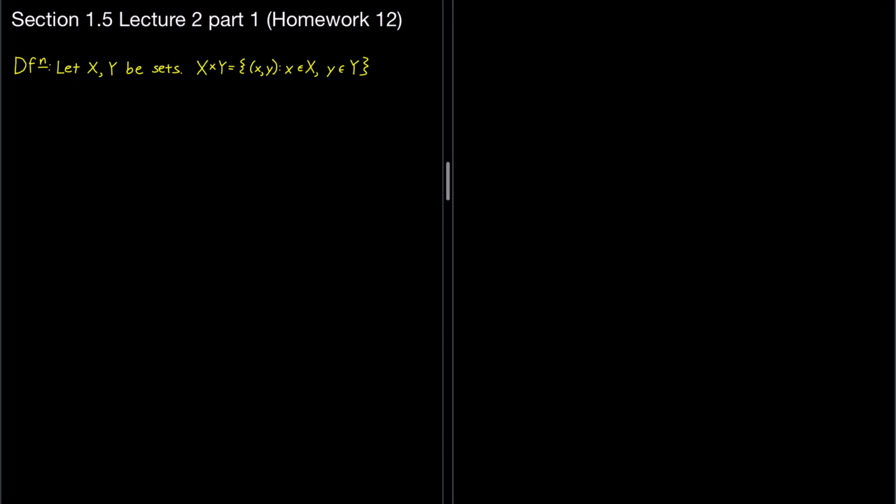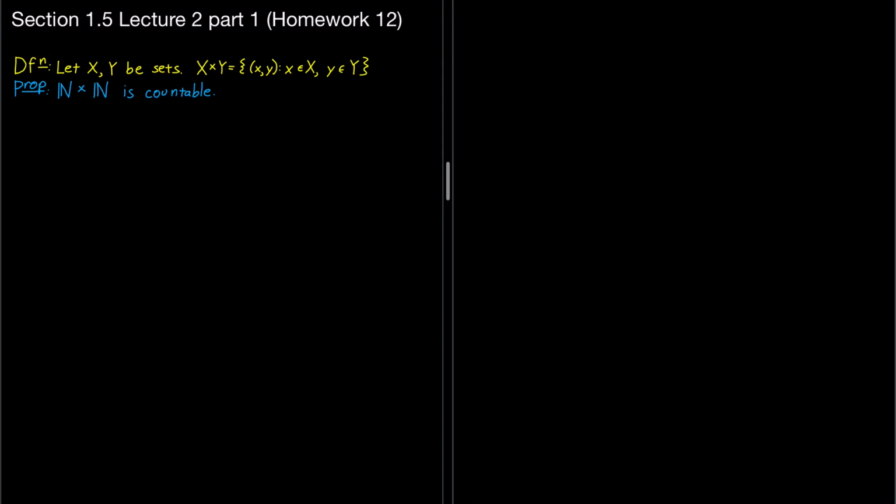And now here is a proposition that might be somewhat surprising. If you take the natural numbers and you take the Cartesian product of the natural numbers with itself, that is countable. Now we saw before that the integers are countable.